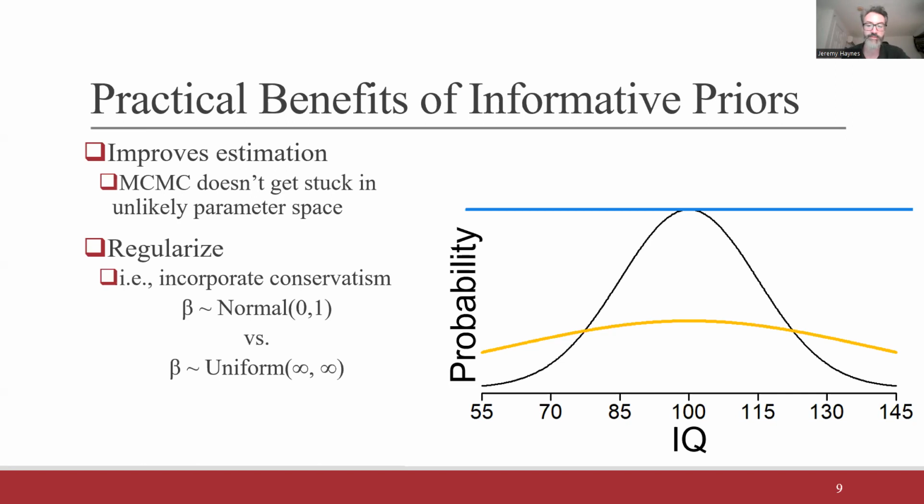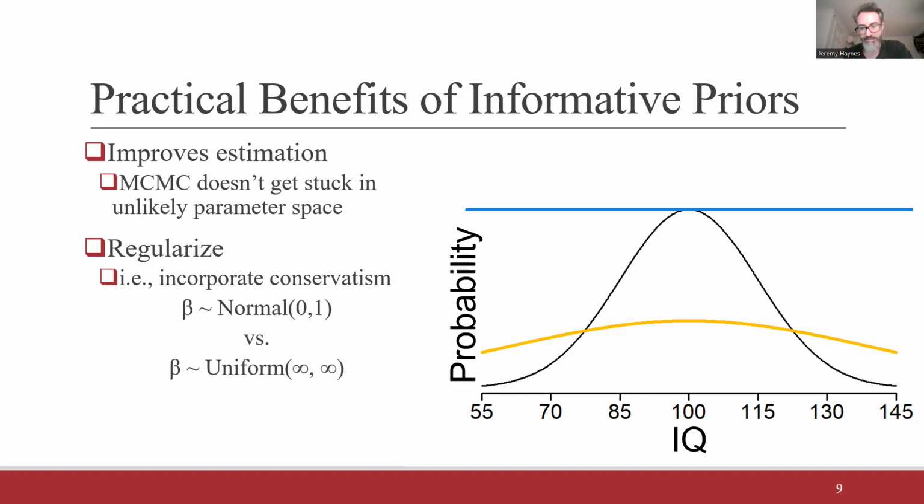If we use a more and more informative prior, so let's say a normal distribution with a mean of 0 and a standard deviation of 1, that's a relatively informative prior, particularly for a beta coefficient, I suppose, depending on the variability in the data.